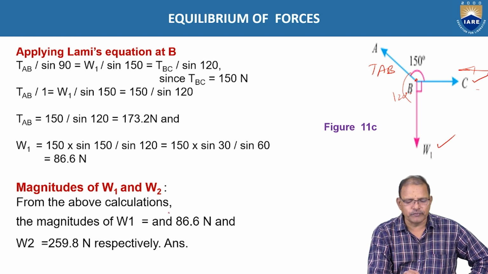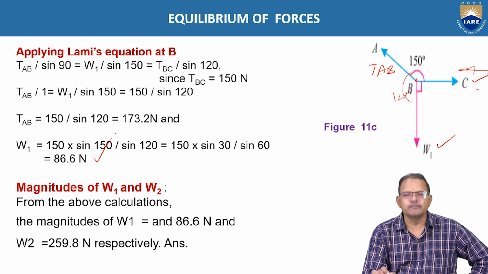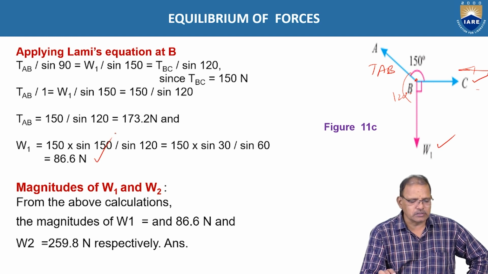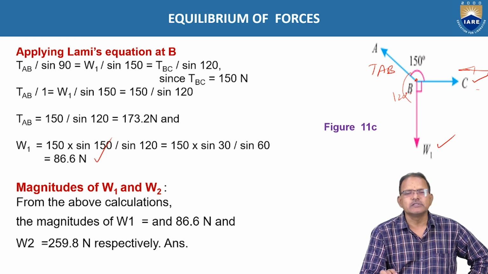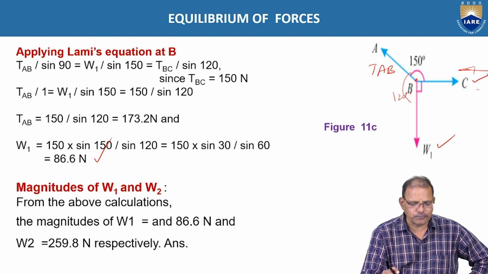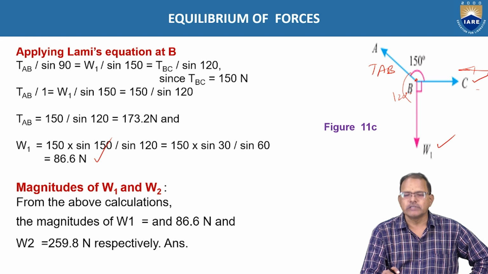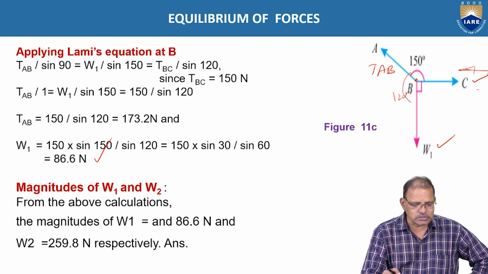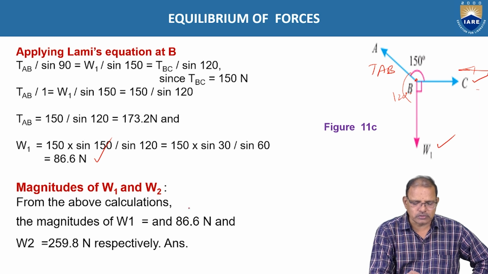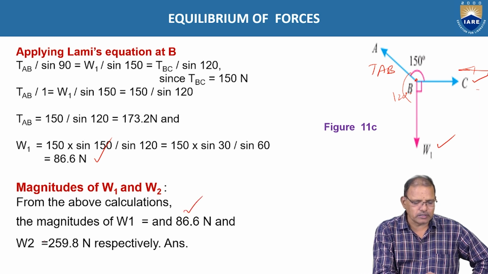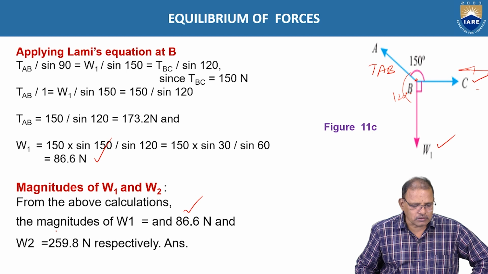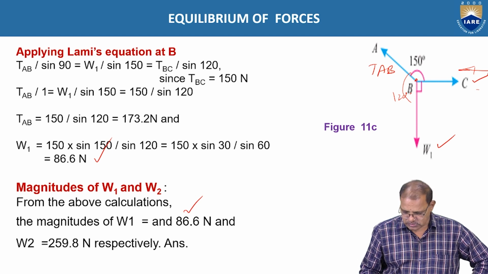W1 is equal to 150 into sin 150 divided by sin 120, which is equal to 86.6 newtons. So from these two relations we get the tension within the strings as well as the weights attached to B and C in the problem. So W1 is equal to 86.6 newtons and W2 is equal to 259.8 newtons.